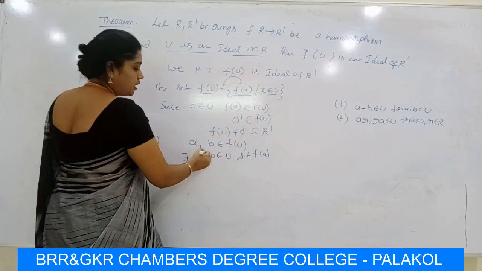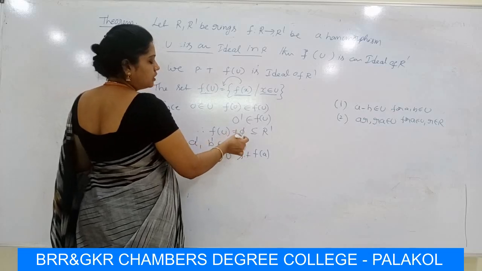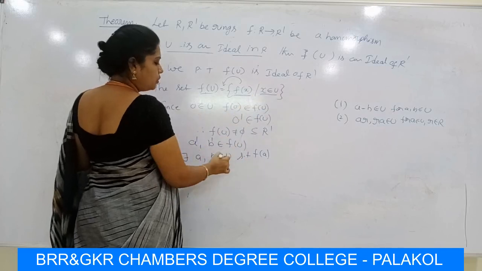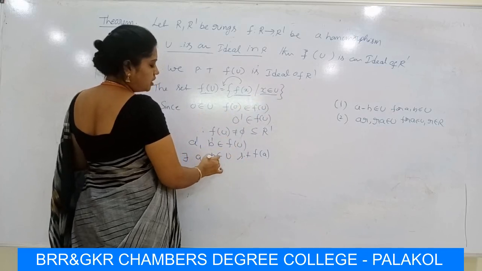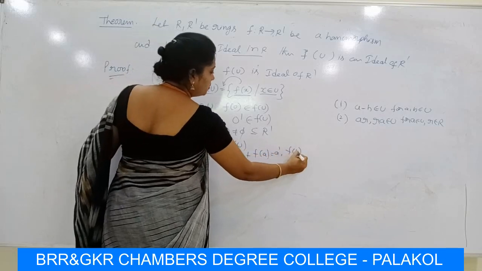So here a dash, b dash belong to f of U, then there exist some other elements a, b in U only, such that f of a is equal to a dash and f of b is equal to b dash.